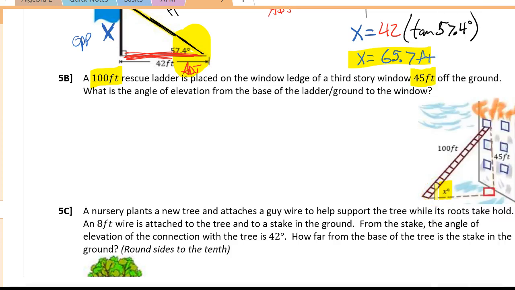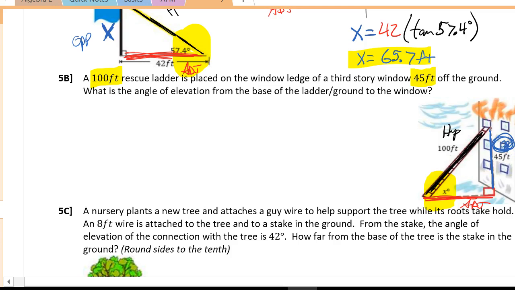window. Okay, well, in this case, if I look at my angle in question and label my side lengths, I have the hypotenuse, I have the adjacent along the bottom, and we have the opposite side.